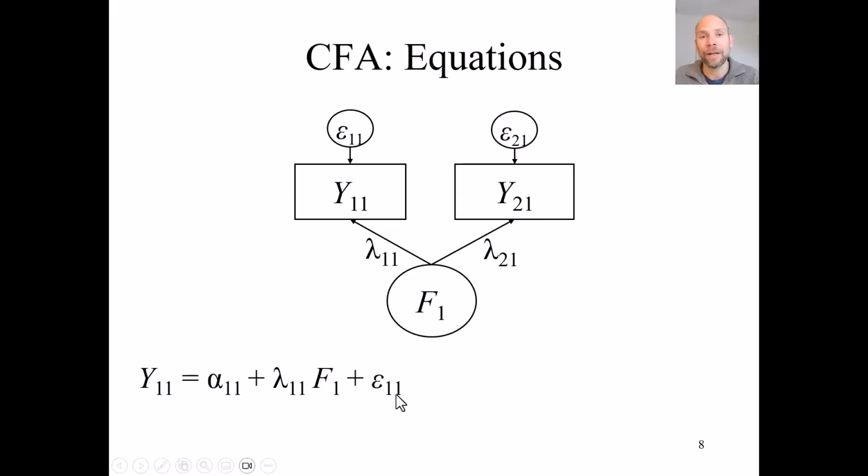And then we have a measurement error or residual term here as well. So that would be the measurement equation for the first variable, and then we have an equivalent measurement equation for the second measure with a separate intercept alpha 2,1, a separate factor loading lambda 2,1, and a separate error variable epsilon 2,1.